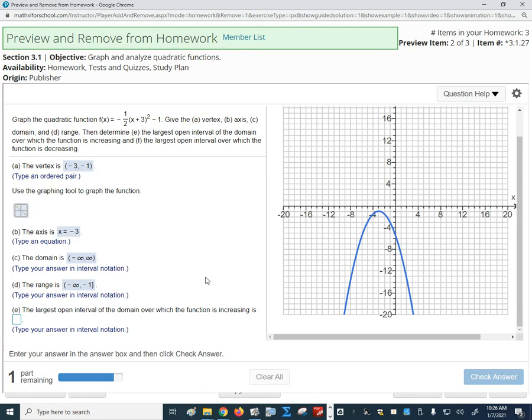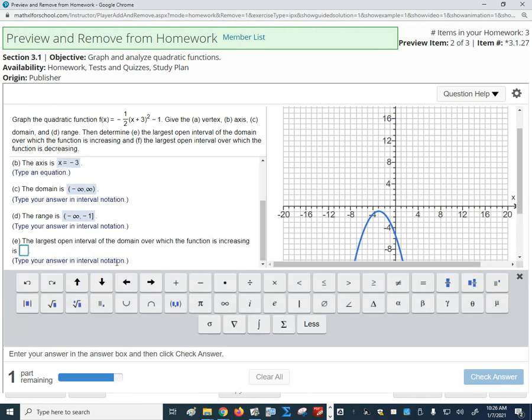The largest open interval of the domain over which the function is increasing. Liliana, where is this function increasing? Where would an ant be walking uphill from left to right? To -3. Okay, good. So I go -infinity, comma, -3.